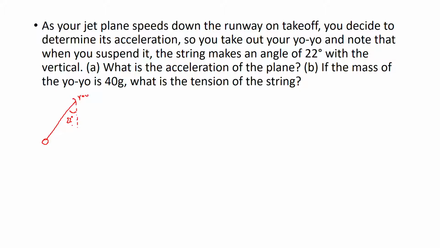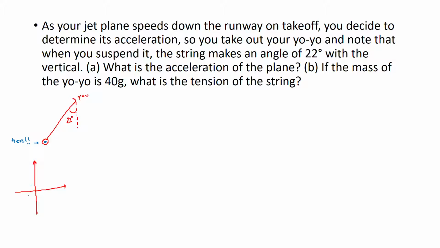Okay, so from here we can tell we have enough data to get everything done. First of all, we need to do our free body diagram. Remember we have to draw some nice axes for us to work, and everything should be done at the center of mass of our object, right here.